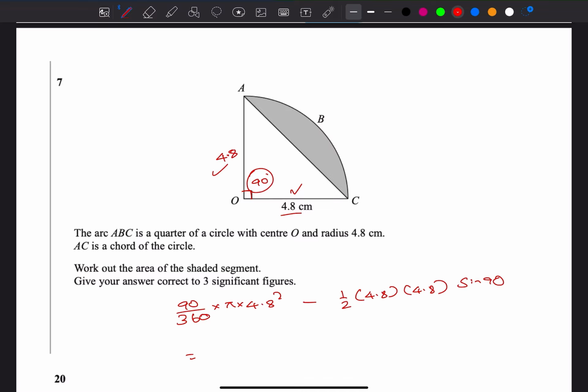Which makes it 6.58 to 3 significant figures. Okay, for the area of the segment, this one.